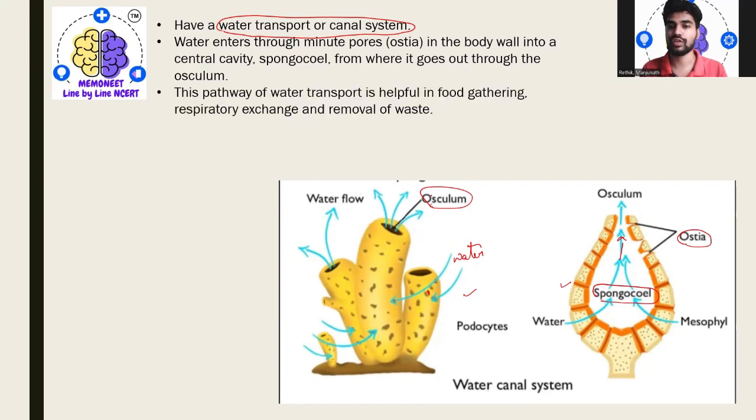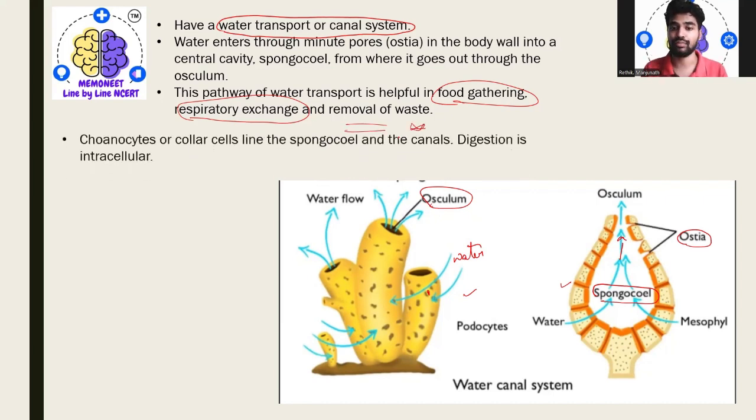The use of this water transport pathway is that it helps in food gathering, that is minute particles and organisms come in with the water itself. It also helps in respiration and removal of waste. This is very important. Another very important thing about this phylum is choanocytes, also called collar cells.